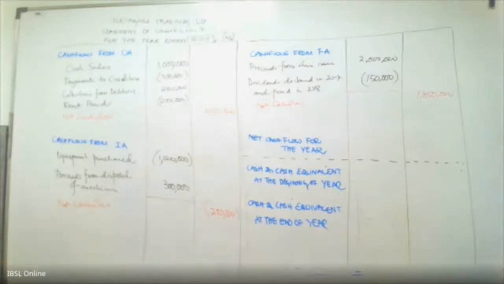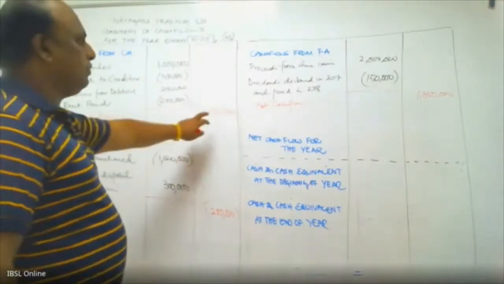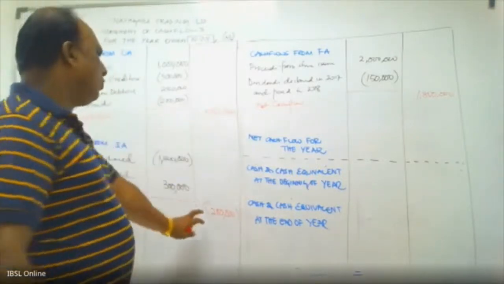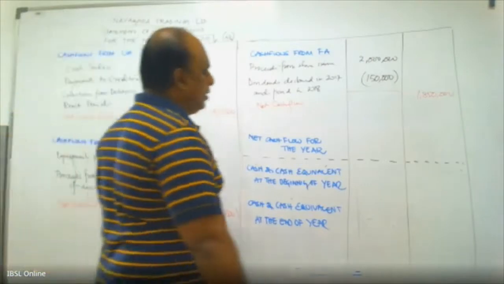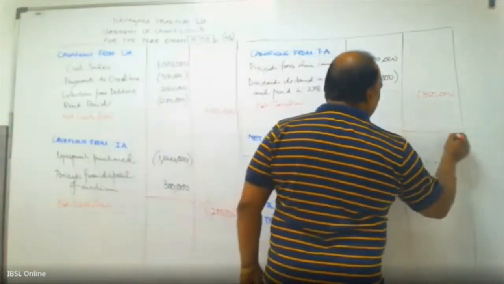So 1.2... 1,850 plus 550 is 2.4 million. 2.4 million minus 1.2 million is 1.2 million.